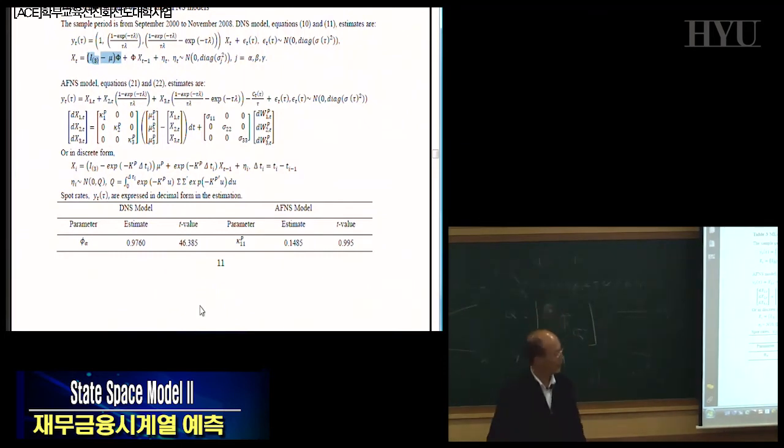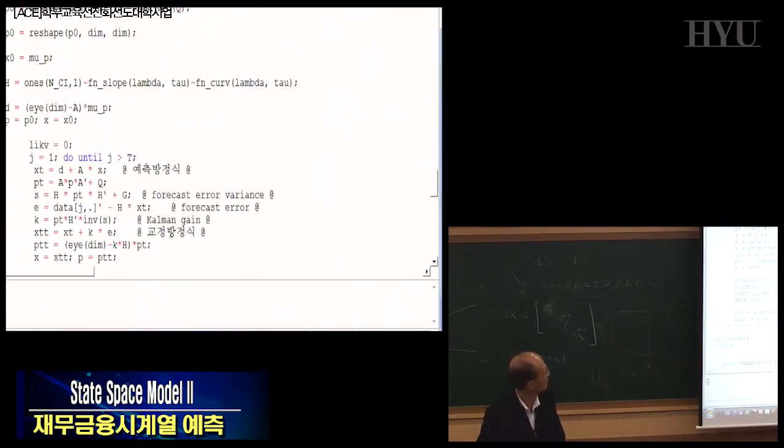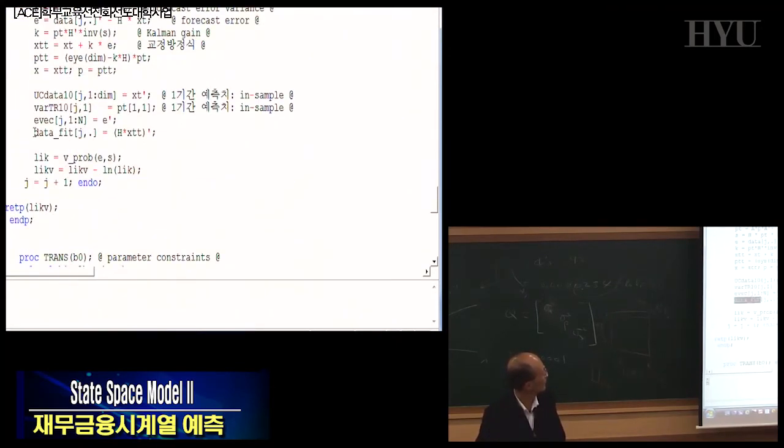So what I did was, in this objective function, I calculate data fit. What is fit? This one. You see, this is data, and this was forecast, right? So this is forecast error.